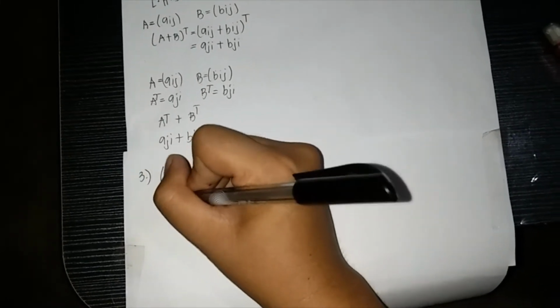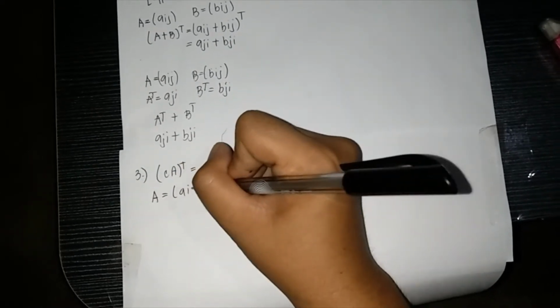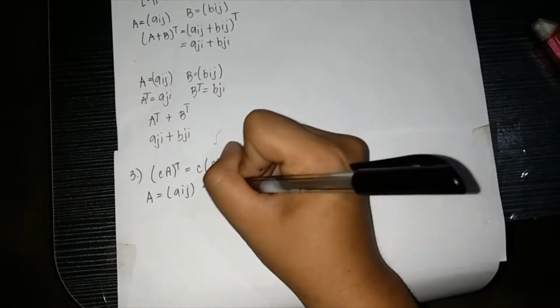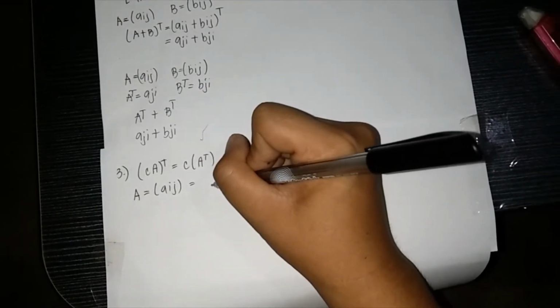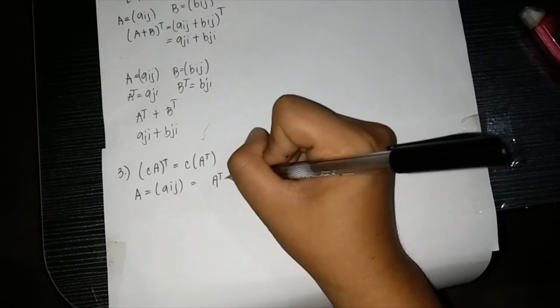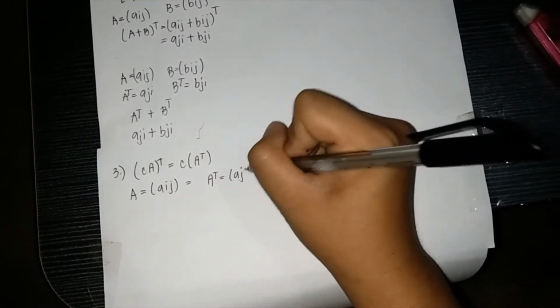We already know that the matrix A is equal to Aij, and A transpose is equal to Aji.